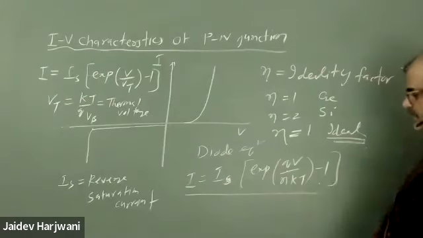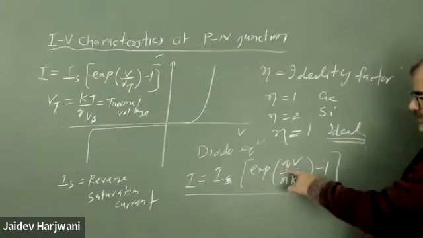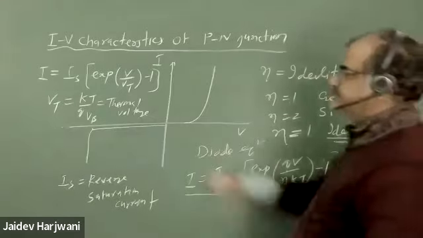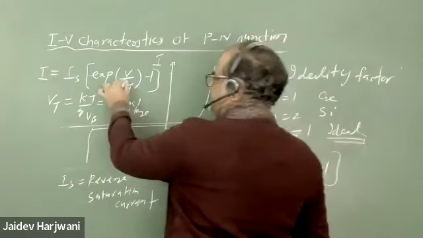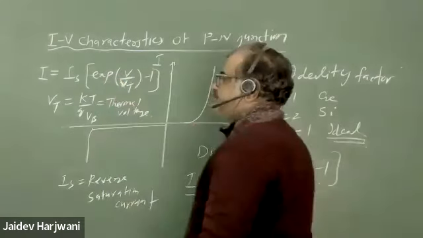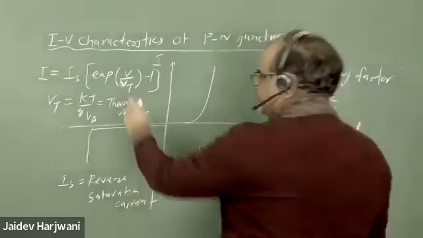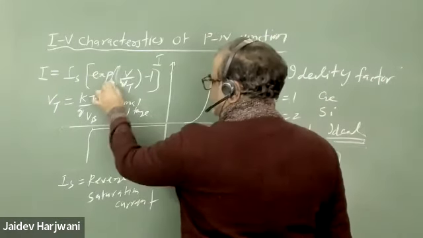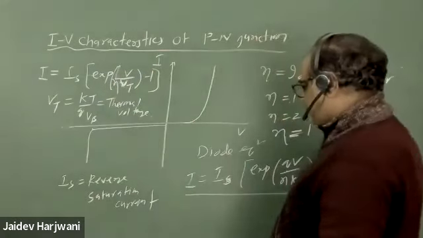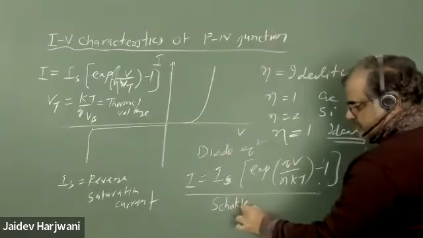I'm bringing Q down, so this becomes KT by Q, which is VT. Here we have taken eta as 1; if you want, you can put eta here also. This is the diode equation, and it is also called the Shockley equation.